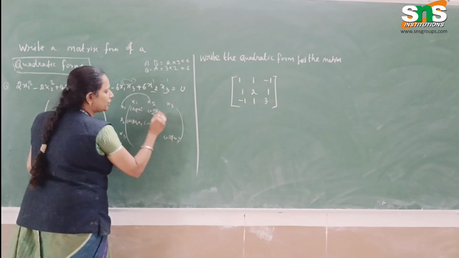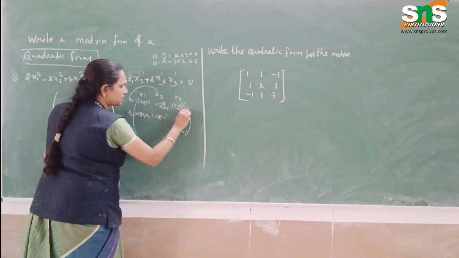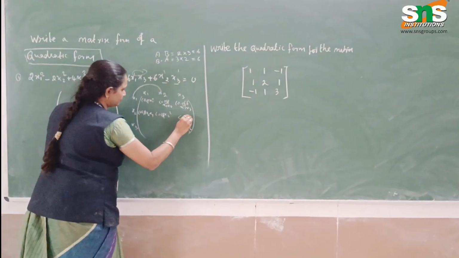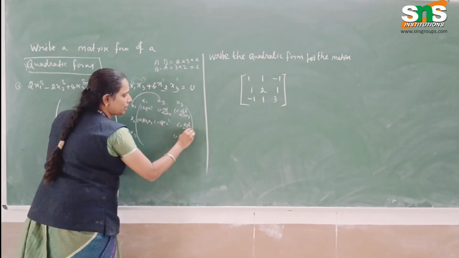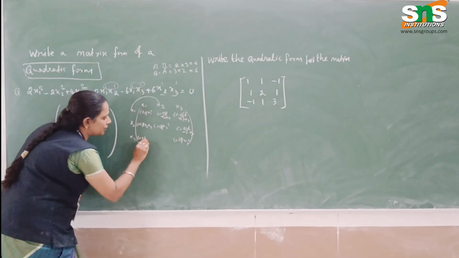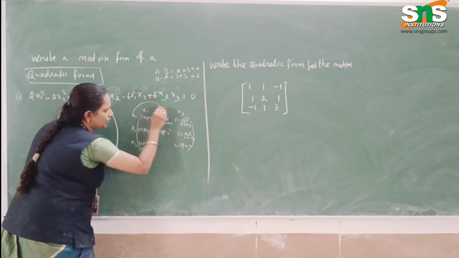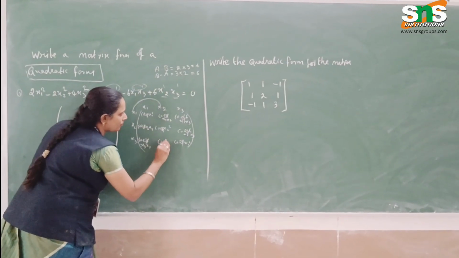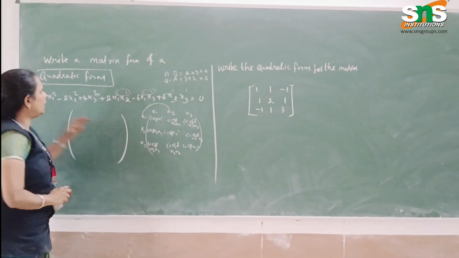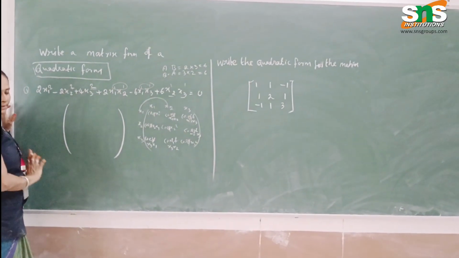Here also the coefficient of x1 x3, the coefficient of x2 x3, the coefficient of x3 x1, and the coefficient of x3 x2. Using this formula, we have to replace the quadratic form with the matrix form.